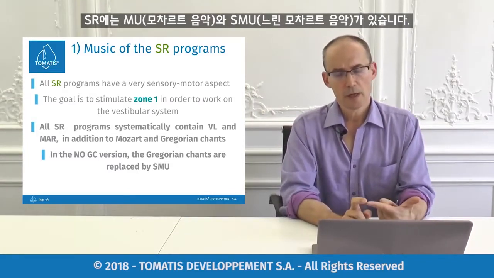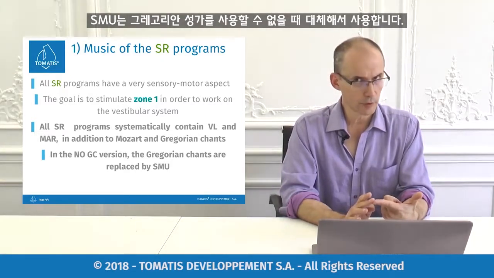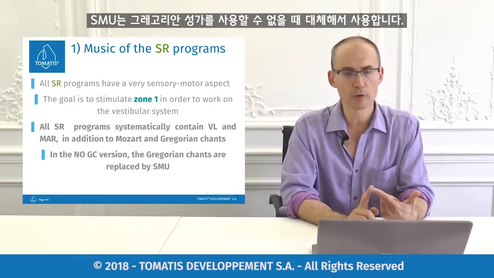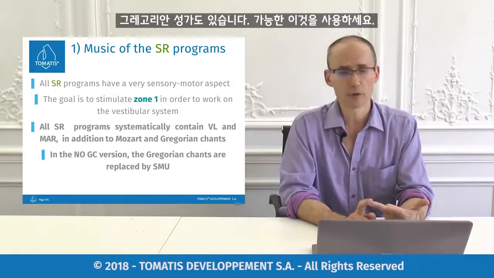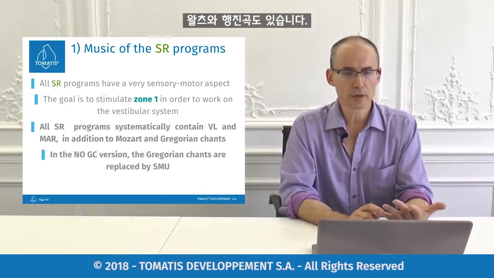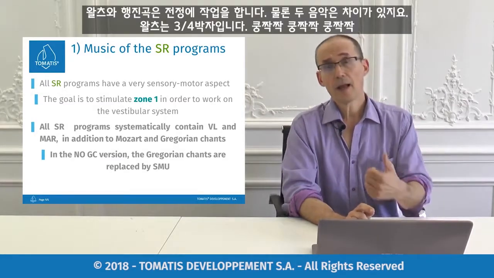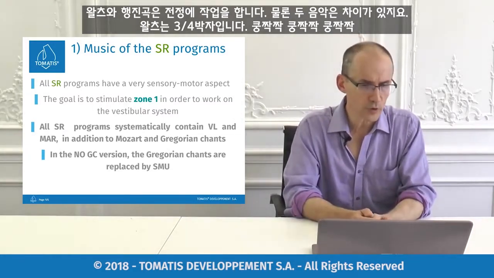You have SMU, slow music of Mozart, that is a substitute for Gregorian chant when it's not possible to use Gregorian chant. You have Gregorian chant, of course, when it's possible to use it. You have waltz, VL, and march, with emphasis on the vestibular work, of course.